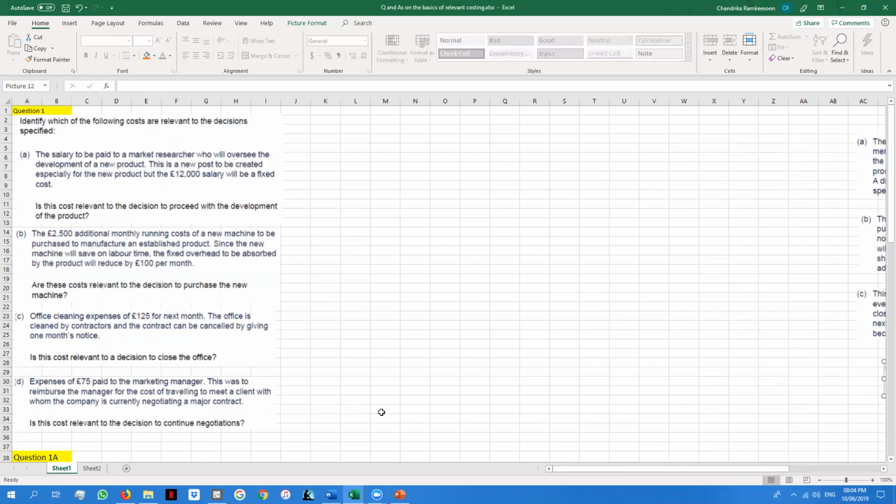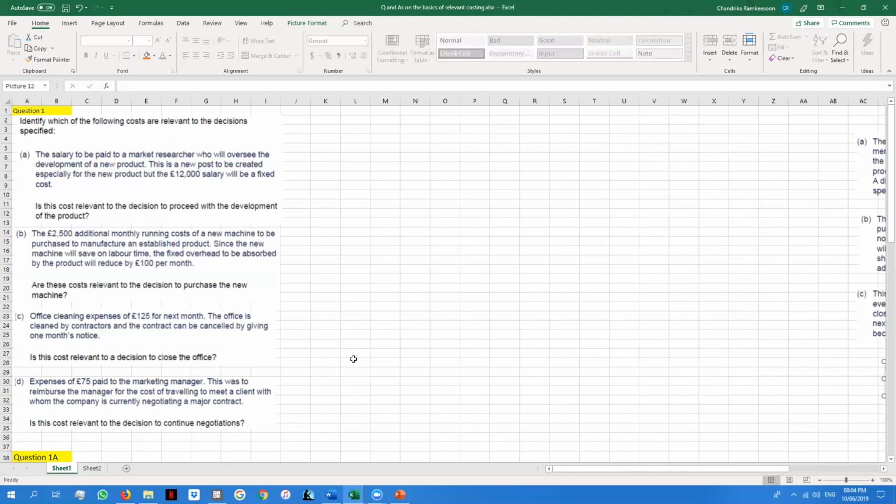But anyway, question 1 has 4 parts to it. Identify which of the following costs are relevant to the decisions specified. Now, all of the questions ask you basically the same thing. Is the cost relevant to the decision? And so forth.